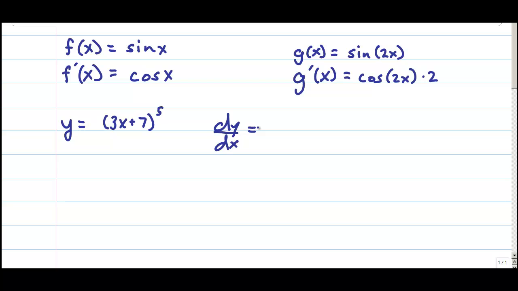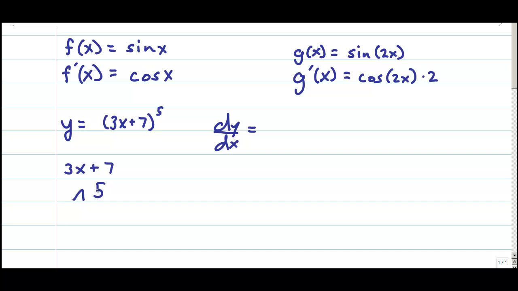One of the ways I think about it is this: think about if you were evaluating this function. You would start with plugging into the inside, so you would take the 3x plus 7, and then you would raise that to the 5th power. So we're kind of going backwards, from the outside in.